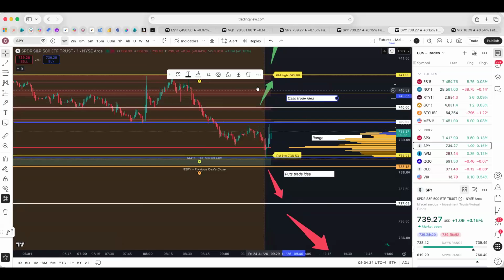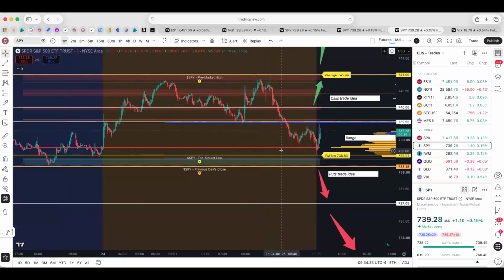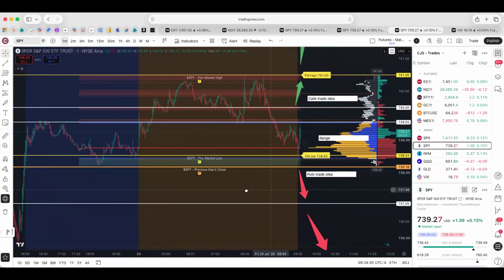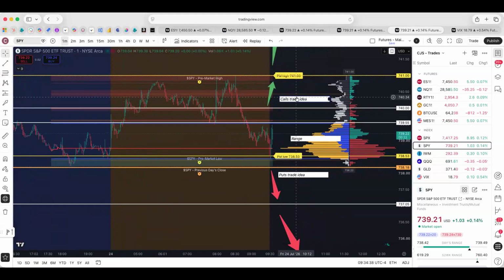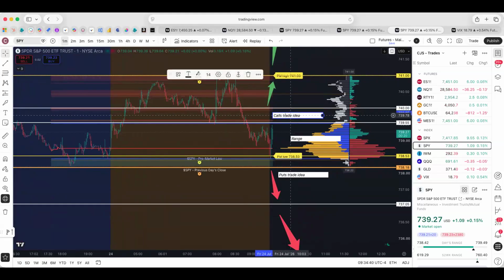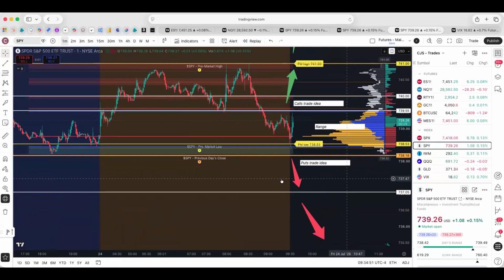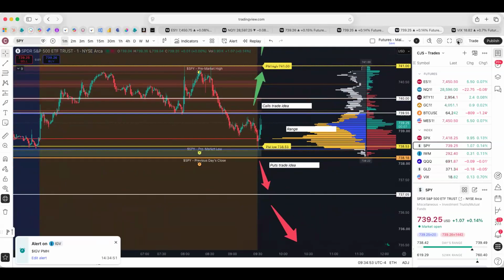So if we get calls to break above here, then we can rally to the upside from here. Once calls break here, we can push from here all the way to pre-market high. So if you're trading calls, please take this. I'm going to post it in our chat now.